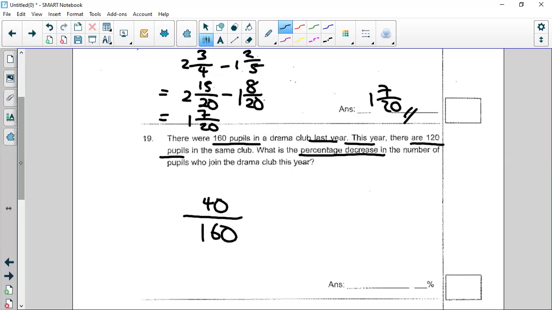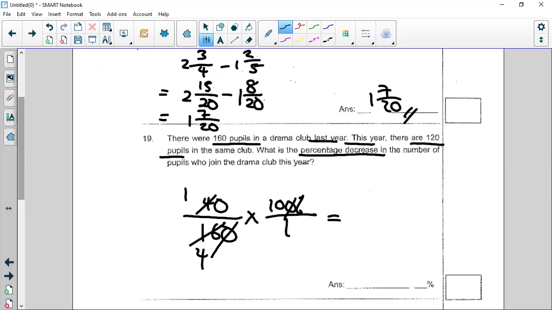So once you get a fraction already, you can either make the denominator 100 or you just multiply by 100%. And then you cancel, divide by 10, and then 16 divide by 4, and 4 divide by 4. And then what else can you do?